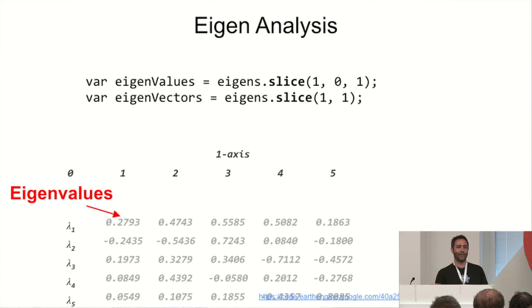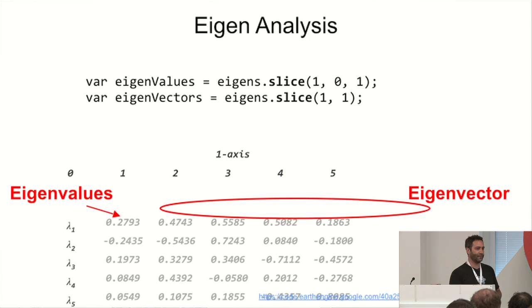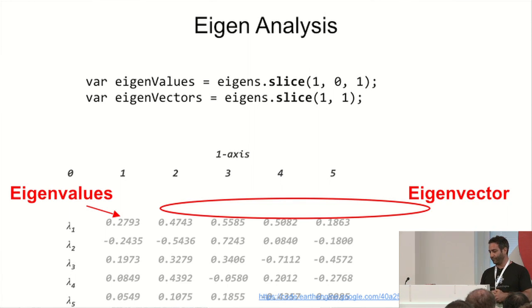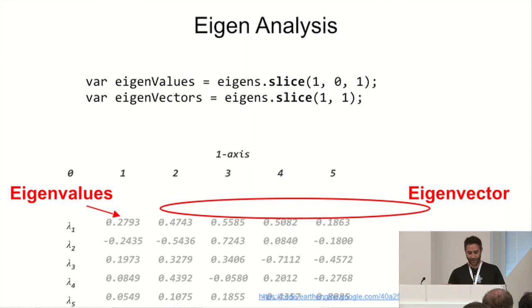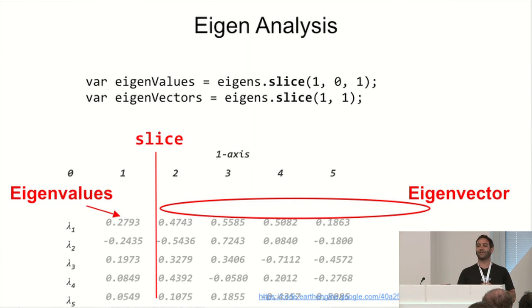And then each of the remaining rows in the matrix are the eigenvectors. So we can slice this apart to get the eigenvalues and the eigenvectors.